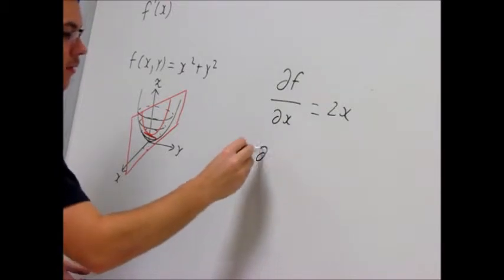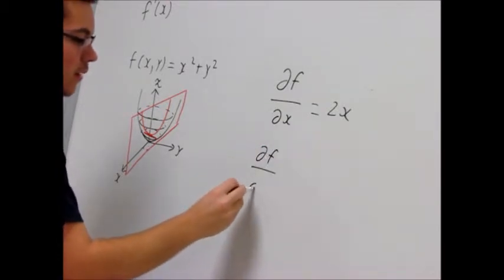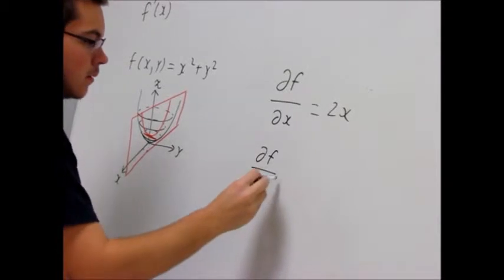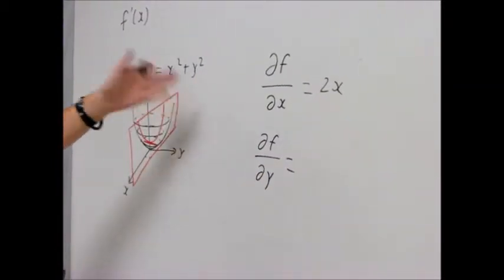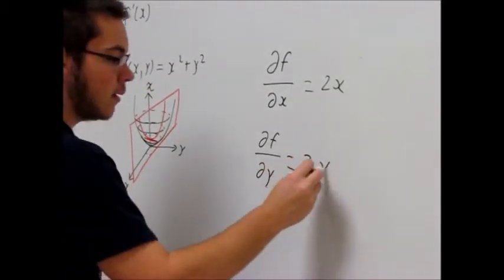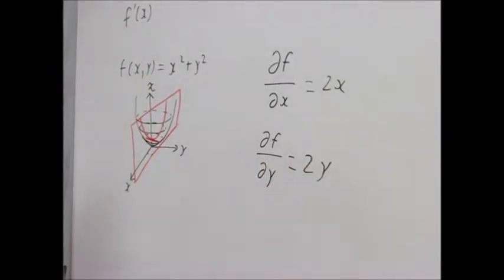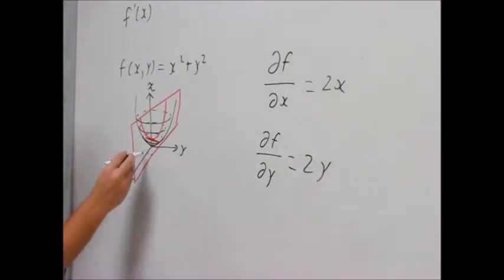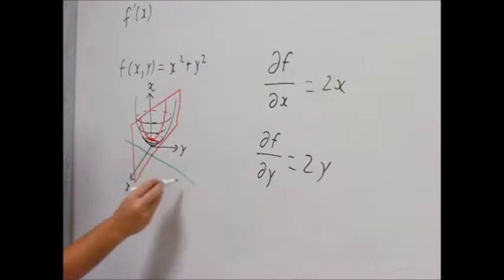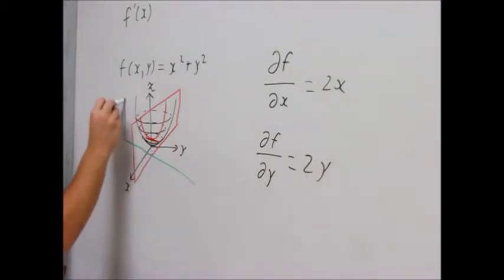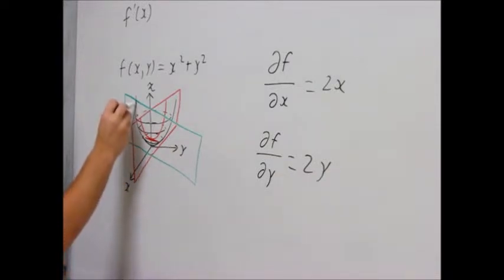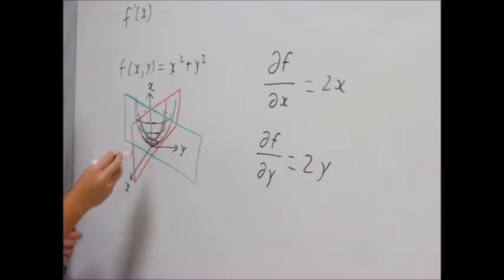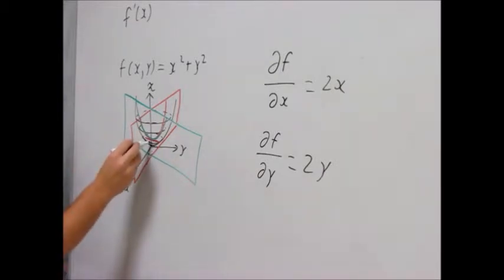Similarly, we can do it with respect to y as well. If x is a constant, the derivative of a constant is 0, and the derivative of y squared is 2y. And that would correspond to taking a slice in the y direction at this point, looking at the function that goes through it and finding the tangent line.